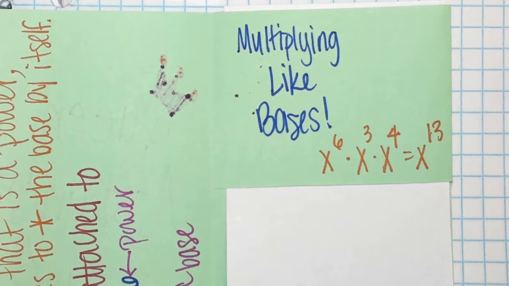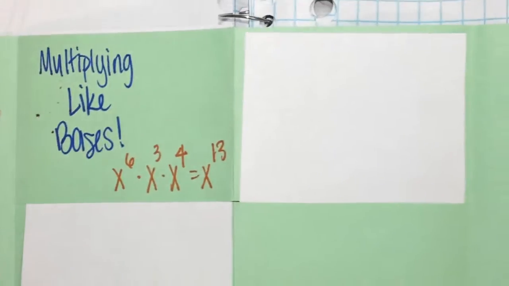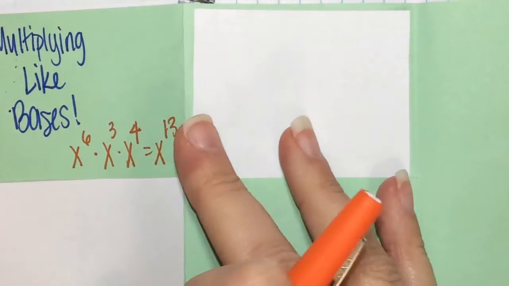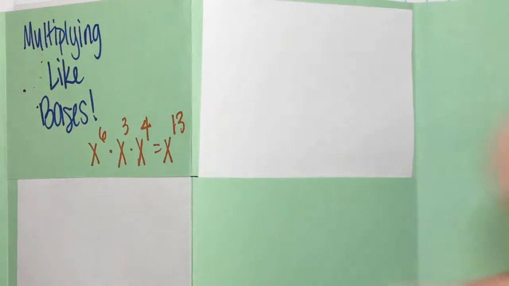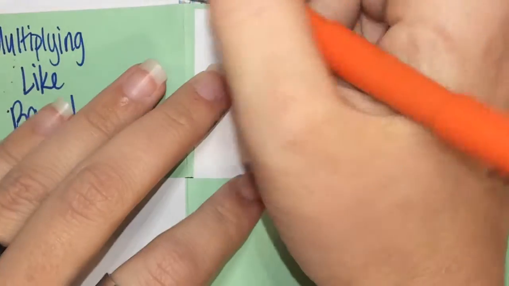Alright, are we ready to open? Okay, open your foldable so it looks like this now. So when you multiply like bases, you add the exponents. Write that at the top.